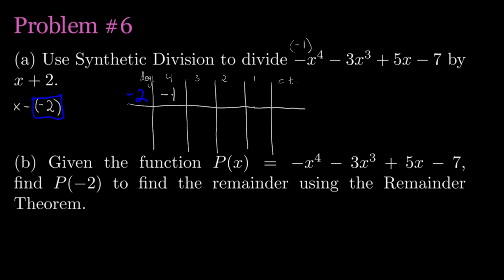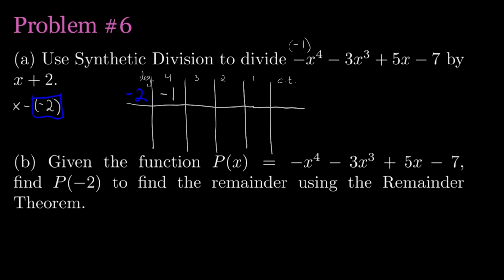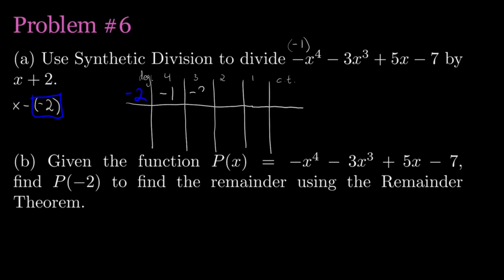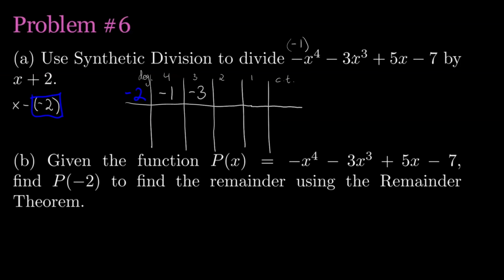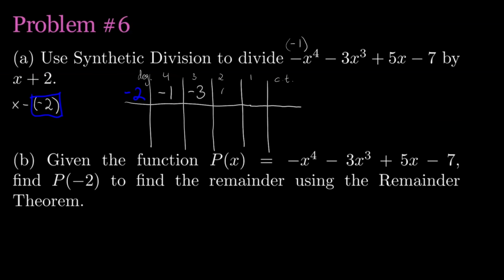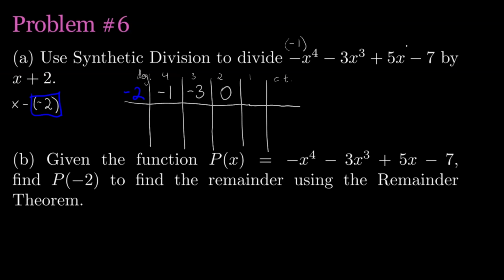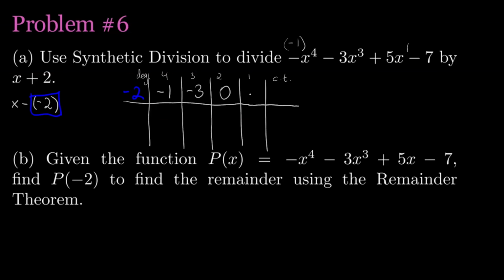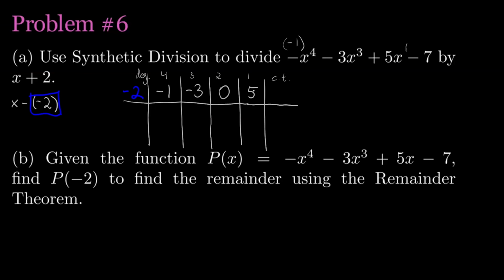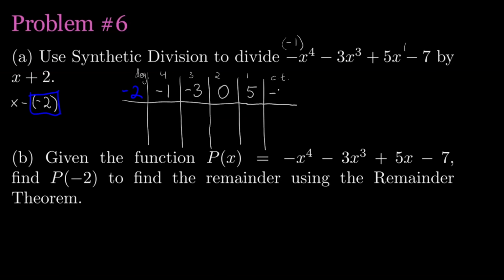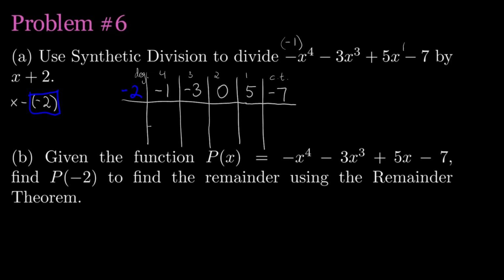So negative 1 is the leading coefficient. Then we go minus 3 by x cubed. The missing term is the square term, so that's why we need 0. Then plus 5x to the power of 1, so 5 is the coefficient by the first power, and then the constant term is negative 7.